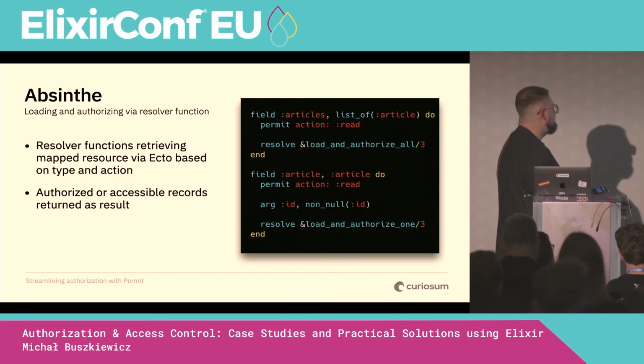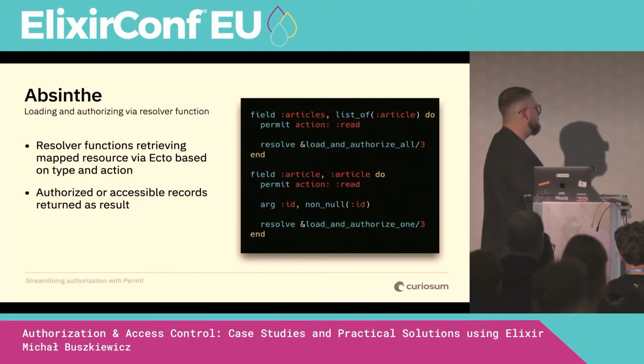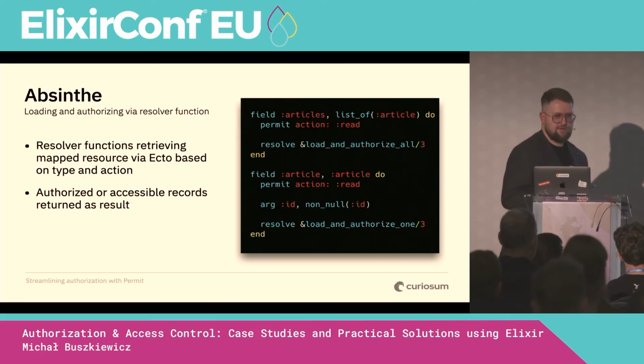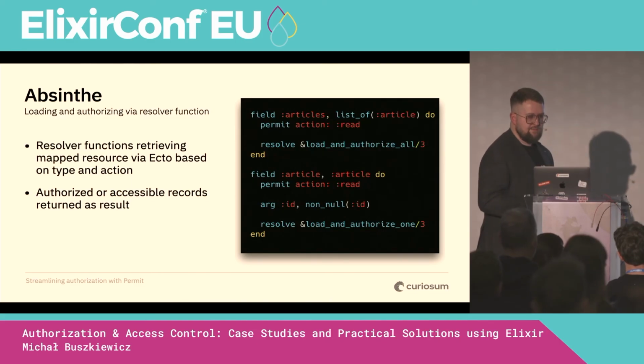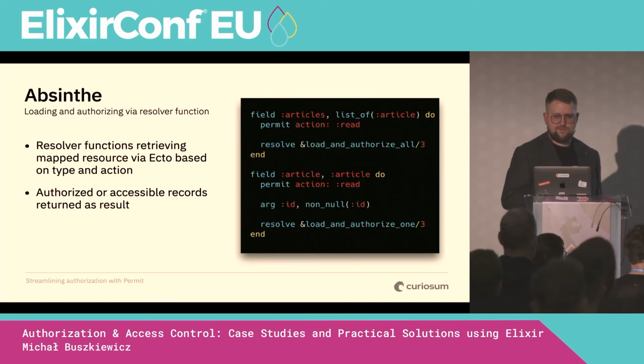And then we have this possibility of using the simple resolver function we created. So we have these load and authorize all and load and authorize one functions to preload plural and singular resources respectively.